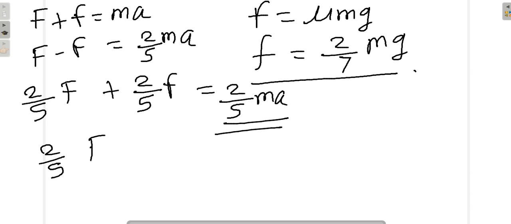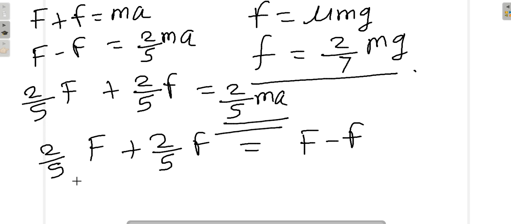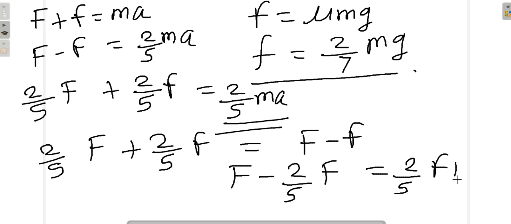So 2 by 5 times capital F plus 2 by 5 times small f is equal to F minus f. Rearrange the terms and bring this on the other side, this on this side.